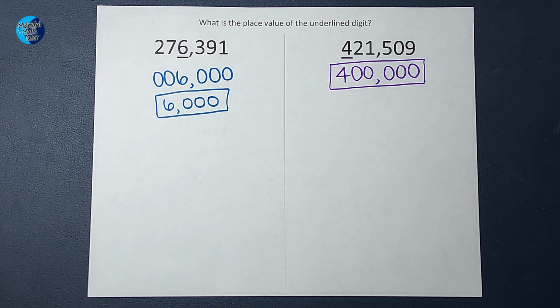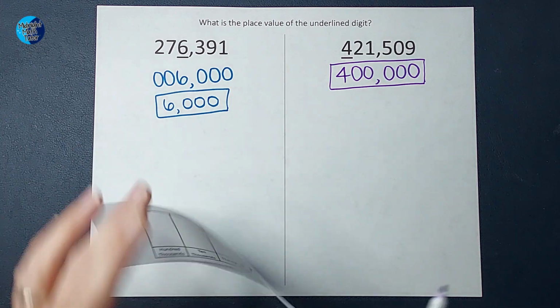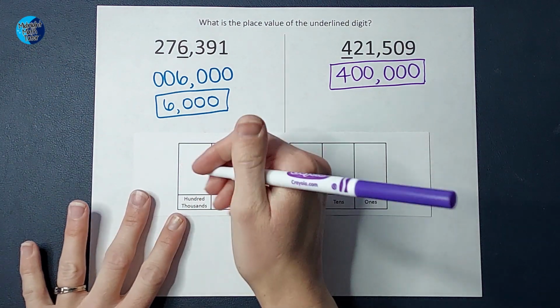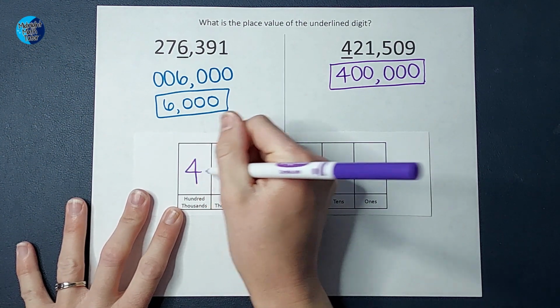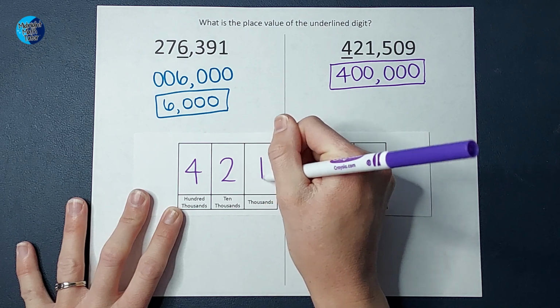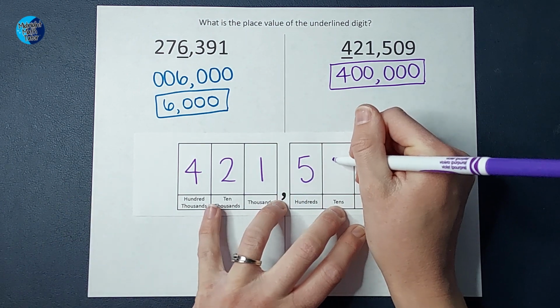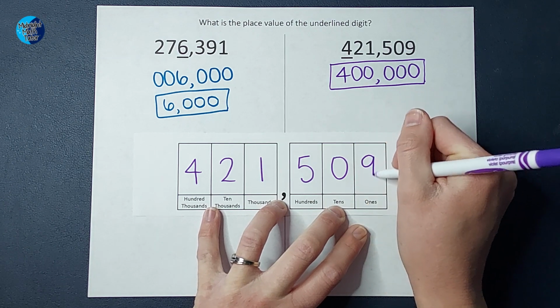All right. Now, if that doesn't help, if they would feel better with a place value chart, we can go ahead and fill those in. 4, 2, 1, comma, 5, 0, 9.